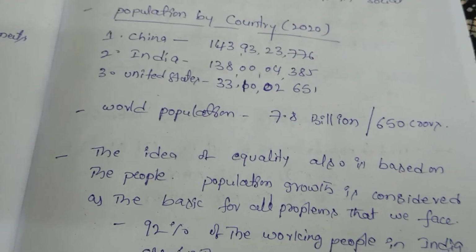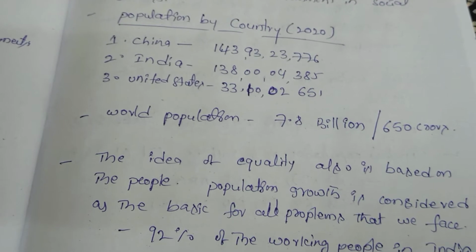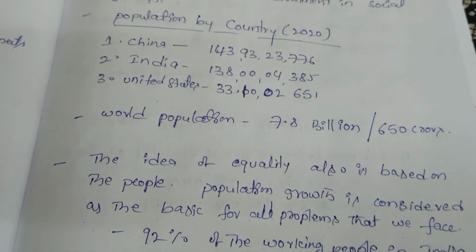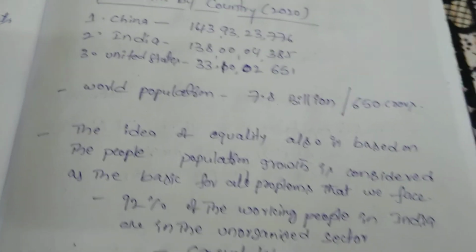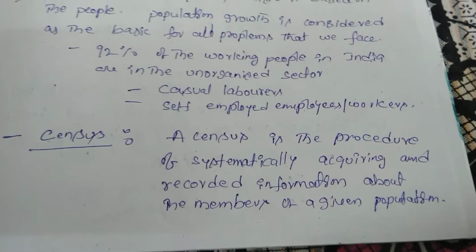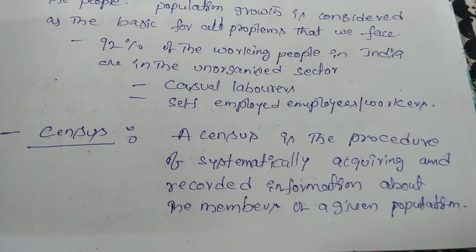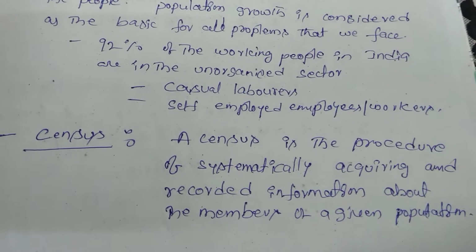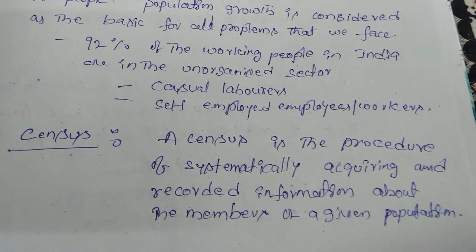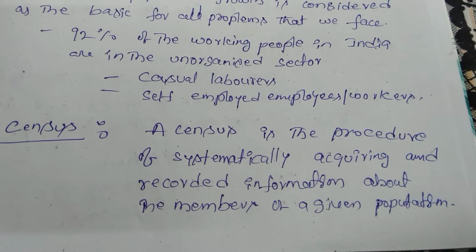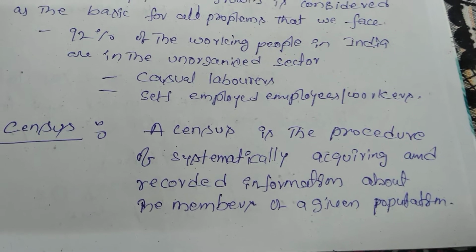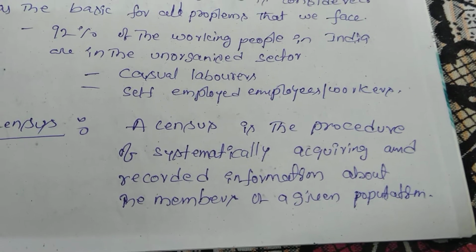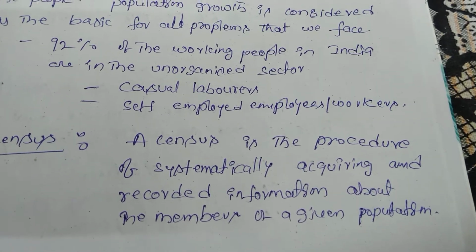Okay, so how to calculate population in a particular area in a particular time? So we'll see. That is called census. What is the meaning of census? For every 10 years, we gather the information about the people living in our country. That is called census. A census is the procedure of systematically acquiring and recording information about the members of a given population.